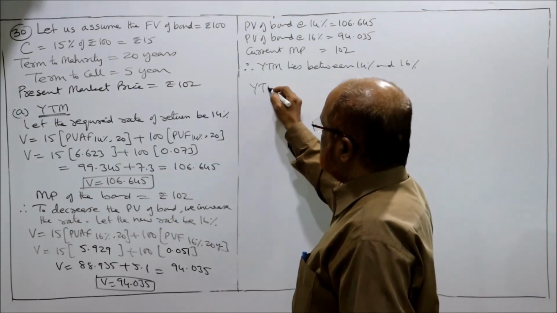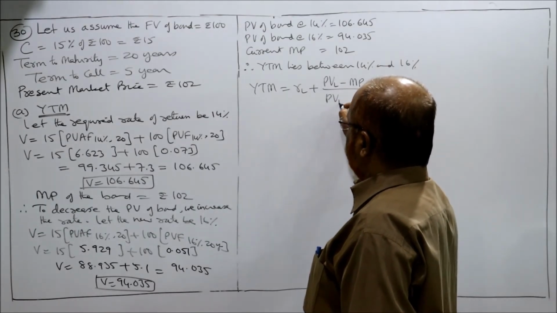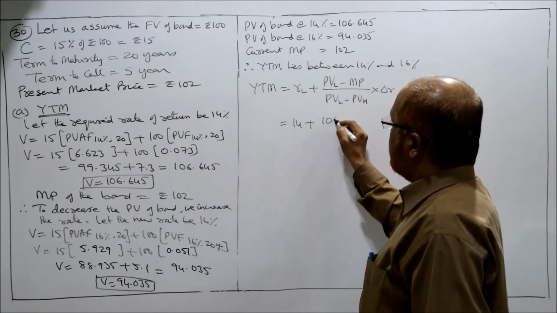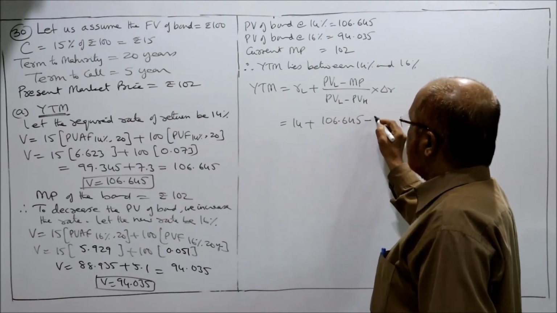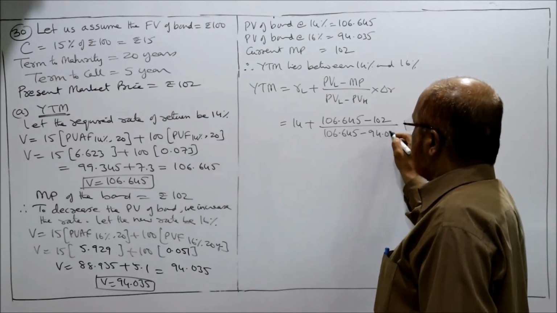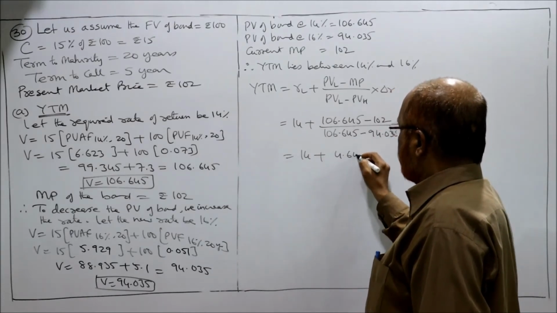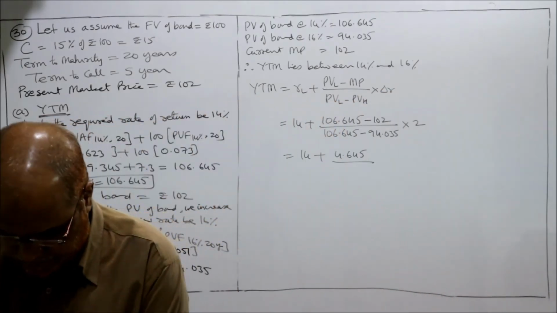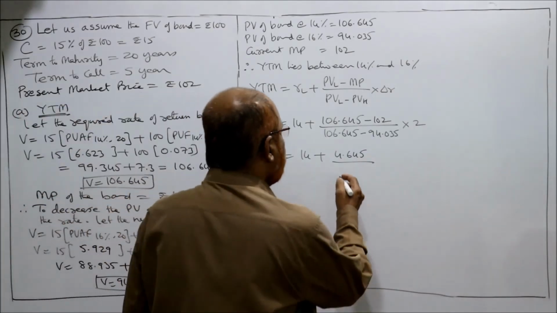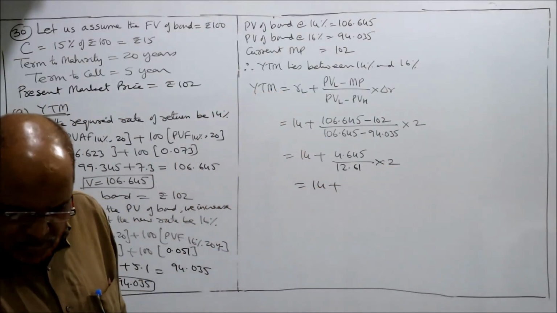तो YTM is equal to RL plus (PVL minus MP) upon (PVL minus PVH) into delta R. 4.645 upon 12.61, 14 plus 0.74.